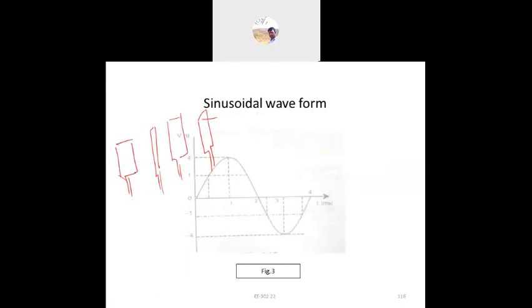If you take A, B, C, D, with the rotation, C comes here, then B, then A. In this way the direction is changed, so when the coil rotates in between, the induced EMF also varies.